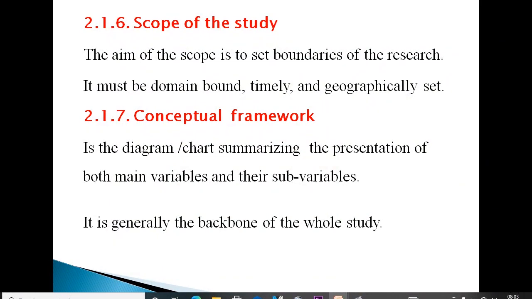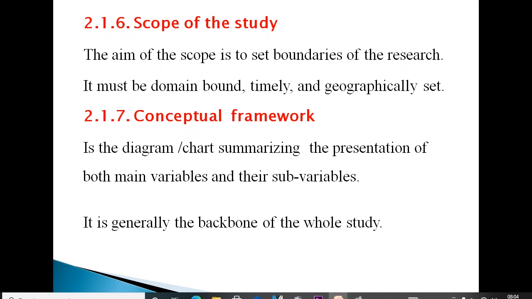So the researcher must set boundaries or limit his research in a domain, in a time, and in the area of research. Then after presenting the scope of the study, the researcher presents what we call the conceptual framework.